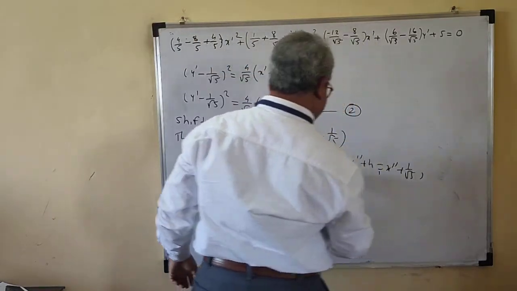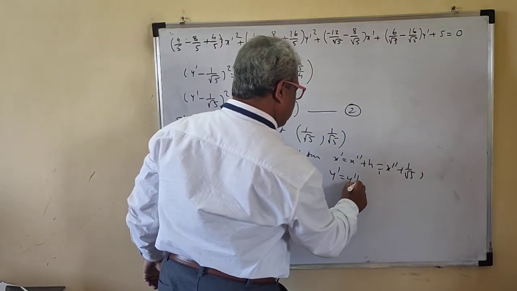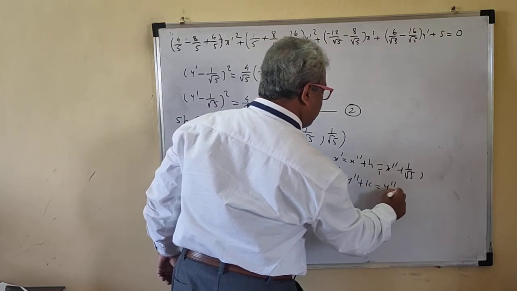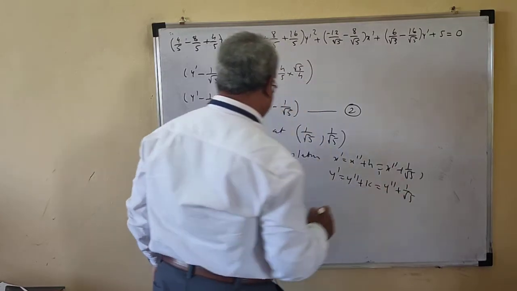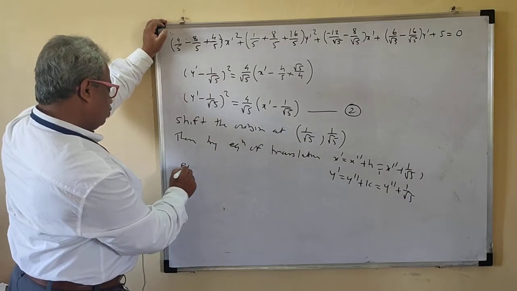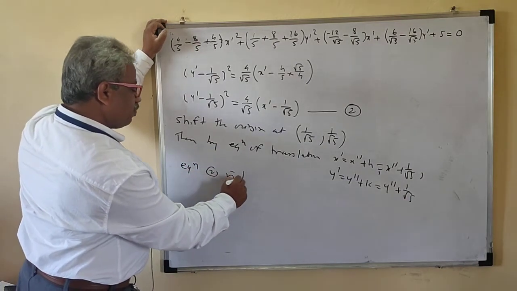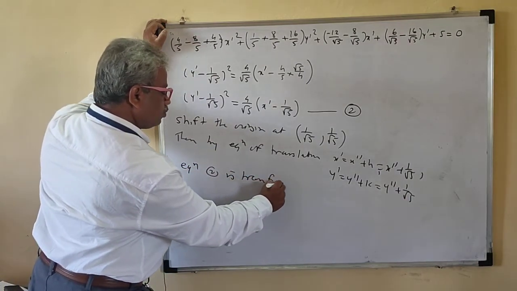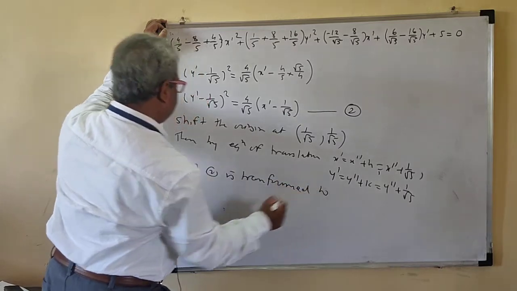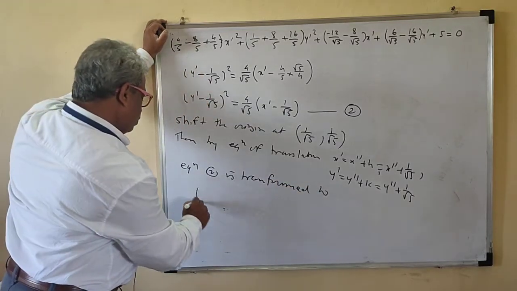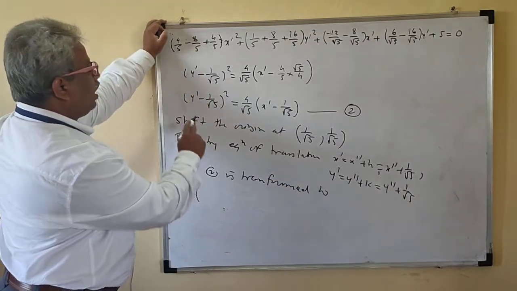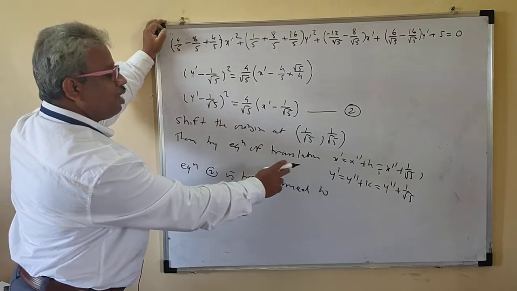So y prime is equal to y double prime plus k, so y double prime plus 1 by root 5. So equation 2 is transformed.